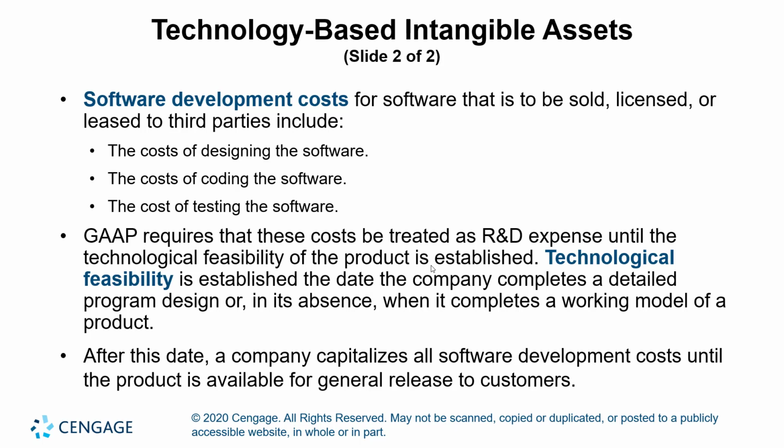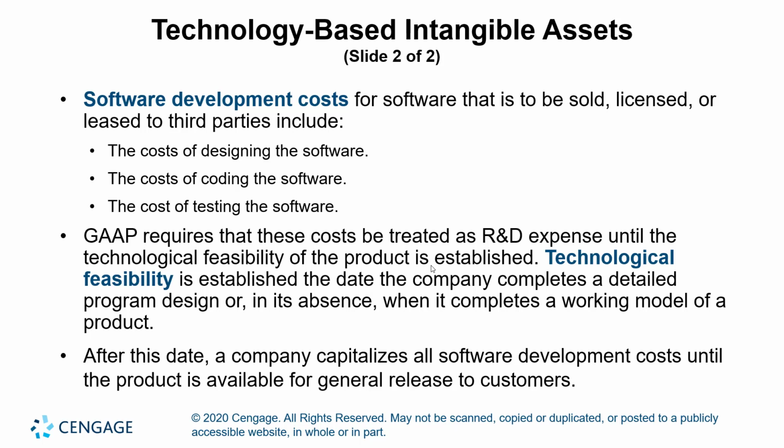Software development costs are for software being sold, licensed, or leased to third parties, and include designing the software, coding the software, and testing the software. GAAP requires these costs to be treated as R&D expense until technological feasibility of the product is established. That date is when the company completes a detailed program design or, in its absence, when it completes a working model of the product.